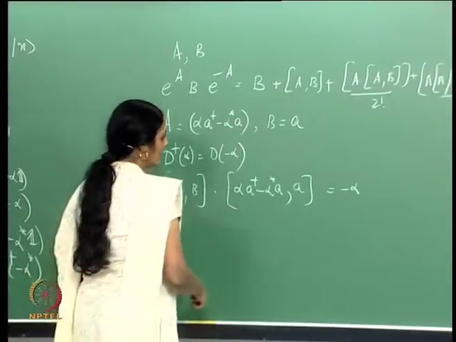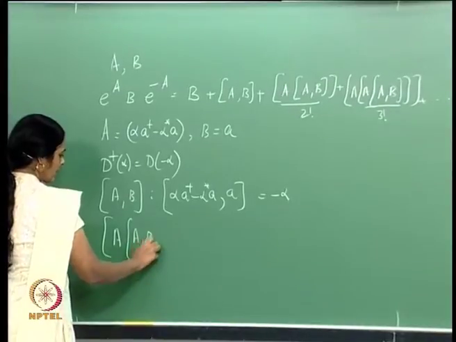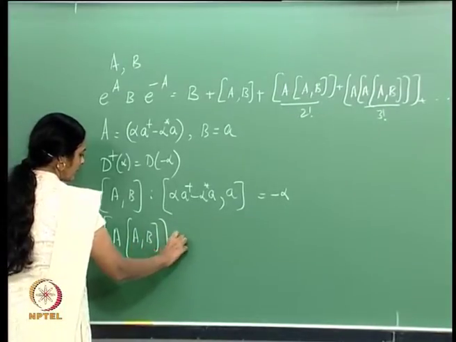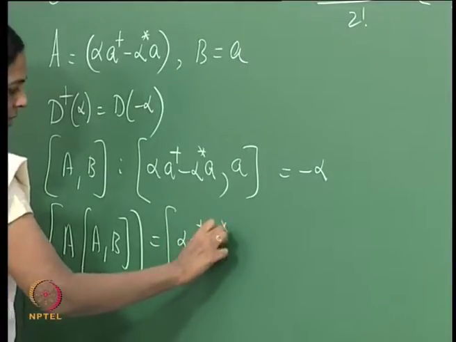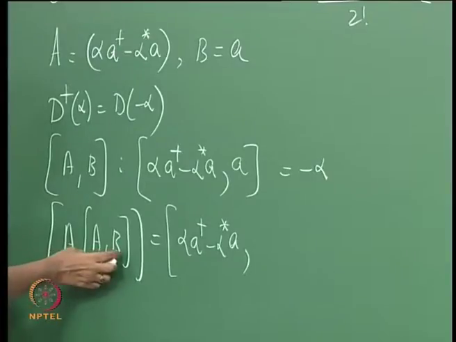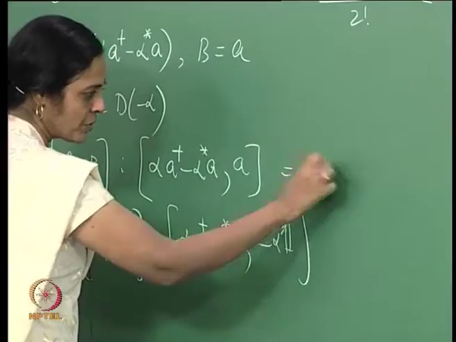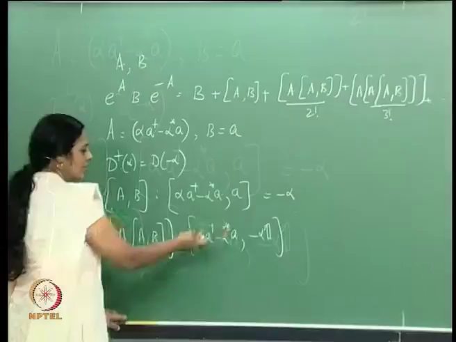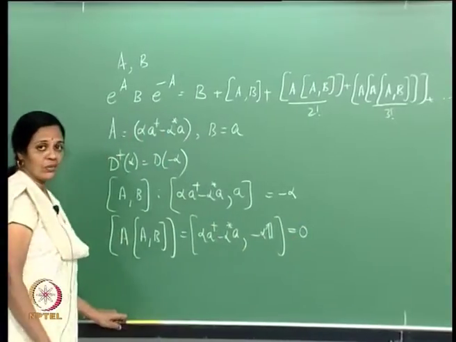The next term calls for the commutator of A with the commutator of A with B. Now that is the same as writing the commutator of alpha a dagger minus alpha star a. The commutator of A with B is minus alpha times identity, if you wish, which is what we have not put on here, but any operator commutes with the identity, and therefore that is 0.